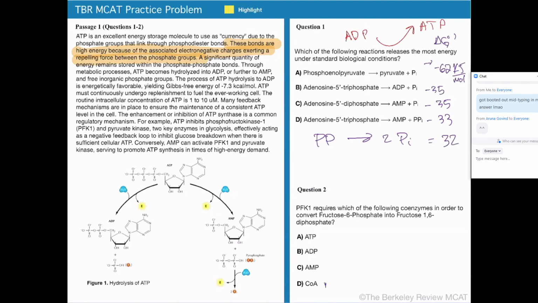What about if I were to do this one? What about AMP to adenosine plus Pi? What do you think that delta G would be? Bigger or smaller than all these?